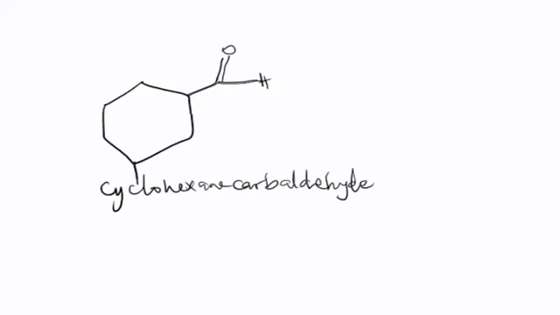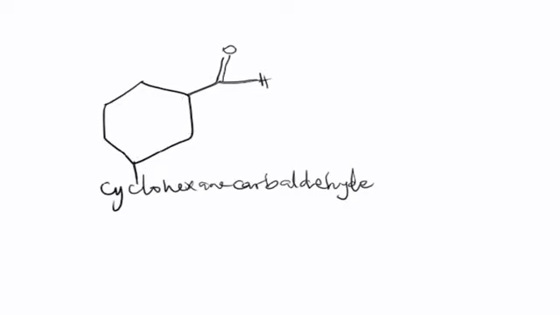Now if I count from here as 1, here becomes 2, and this is 3. So this will be 3-methylcyclohexane carbaldehyde. I'll go ahead and write this: 3-methylcyclohexane carbaldehyde.